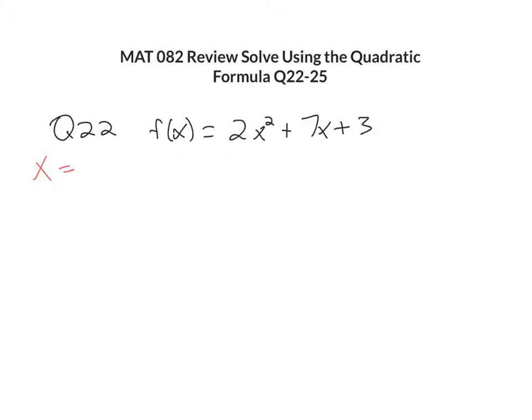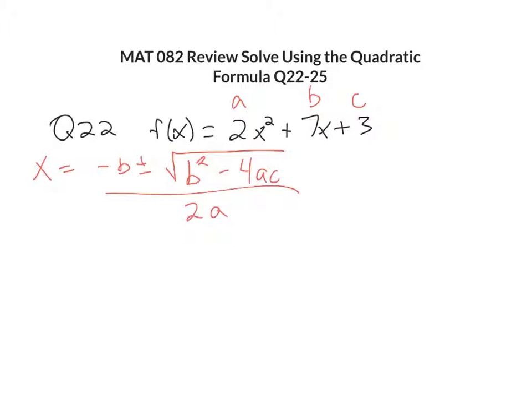So the quadratic formula states x equals negative b plus or minus square root of b squared minus 4ac all over 2a. And we have, this is a, b, and c. So I'm going to replace my numbers in the formula.